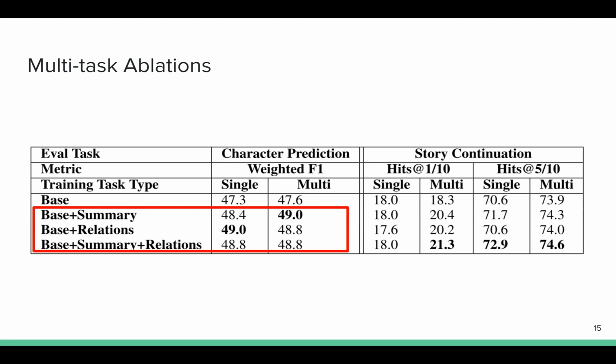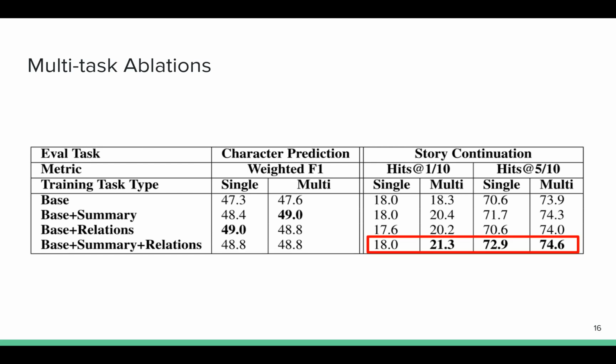In the second table, I'll talk about character prediction first. Using summary or relations as extra information performed best, though they are closely comparable to the full multitask model. For the story continuation, the full multitask model outperforms all others.